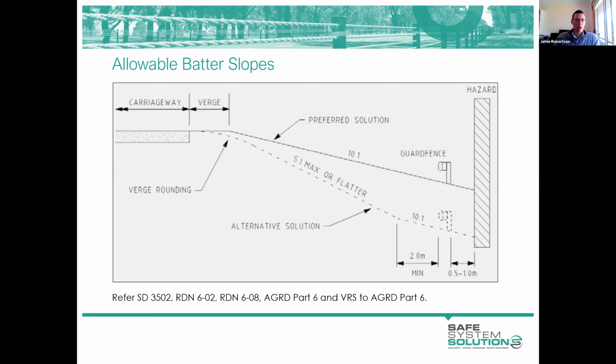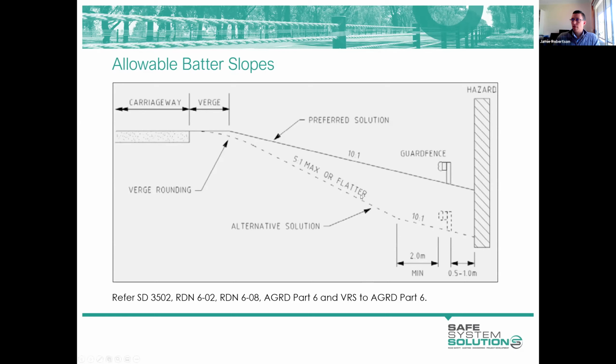If we have a 10:1 gradient or flatter, we don't have any trouble whatsoever. If we're retrofitting a barrier, we ought to undertake grading or earthworks as required to achieve that 10:1 slope in front of the barrier and within that verge area behind and up to the hinge point.